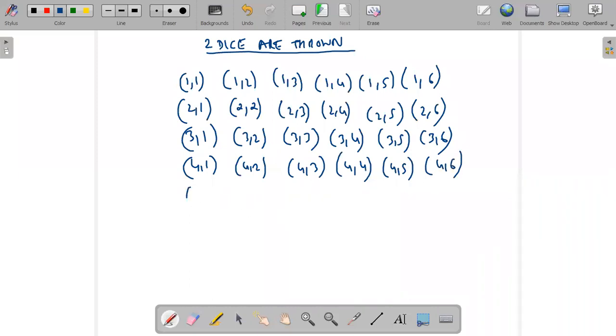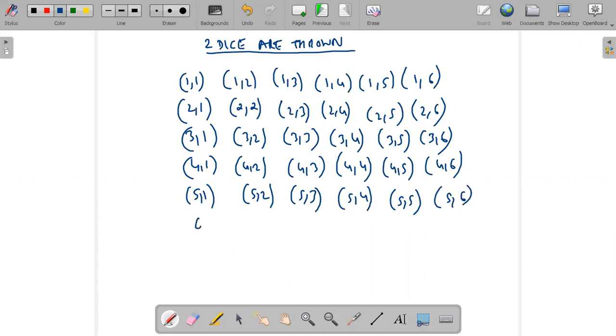Then we have 5,1; 5,2; 5,3; 5,4; 5,5; and 5,6. Then 6,1; 6,2; 6,3; 6,4; 6,5; and 6,6. So if you count this, the total number of outcomes is 36.